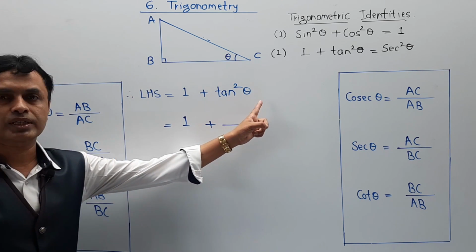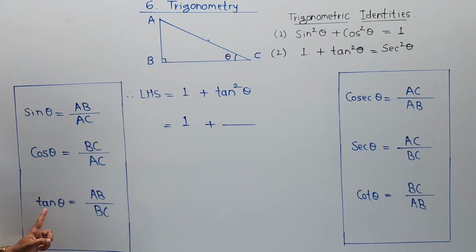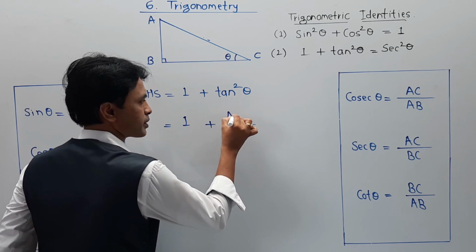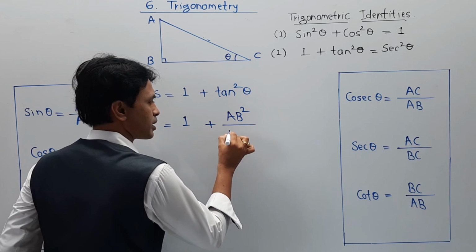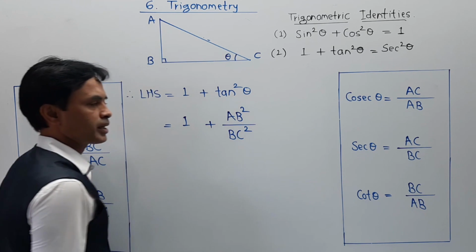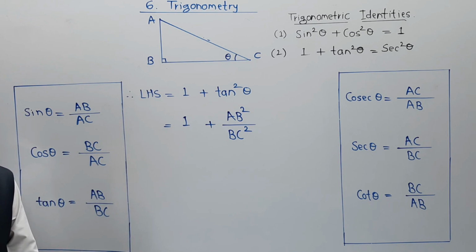Now what is meant by tan theta? The value of tan theta is AB upon BC. Naturally tan square theta becomes AB square upon BC square. So I am writing AB square upon BC square. In this way you have completed the first step.